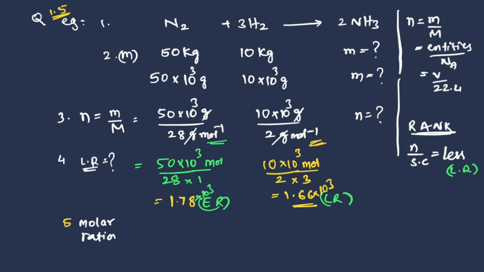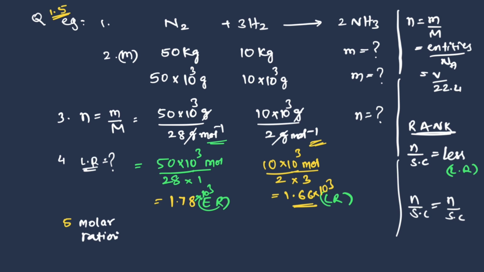What is the molar ratio formula? Molar ratio formula is moles by stoichiometric coefficient is equal to moles by stoichiometric coefficient. Now I want hydrogen and ammonia, because the limiting reagent only decides how much product forms and how much excess reagent is left.